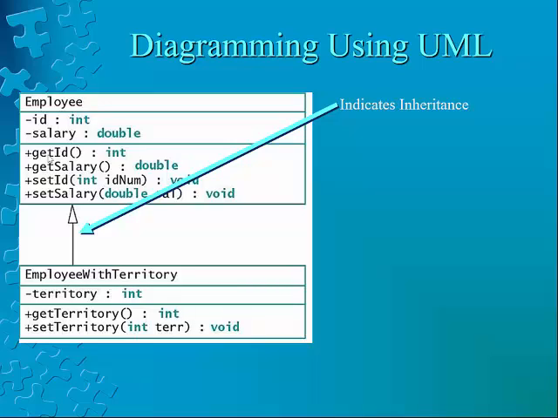It has access to the get ID method, the get salary method, set ID, set salary, but it does not have access to the ID or the salary. The only way it has access to these particular properties is through the methods. So all of these methods are inherited. It is inheriting these properties as well, but it doesn't get to them unless it can go through the methods.